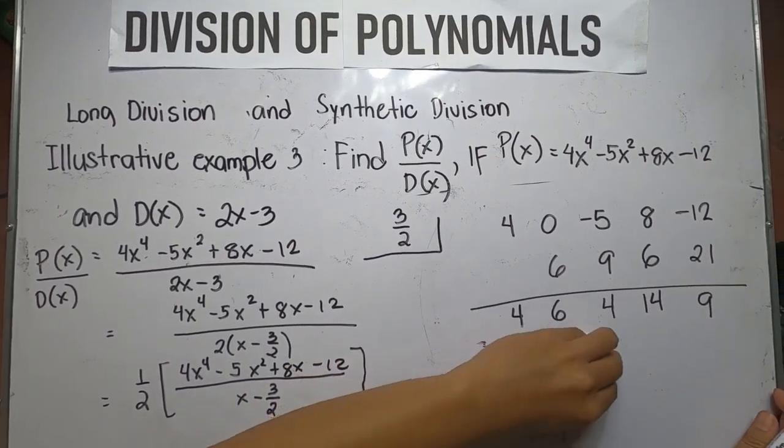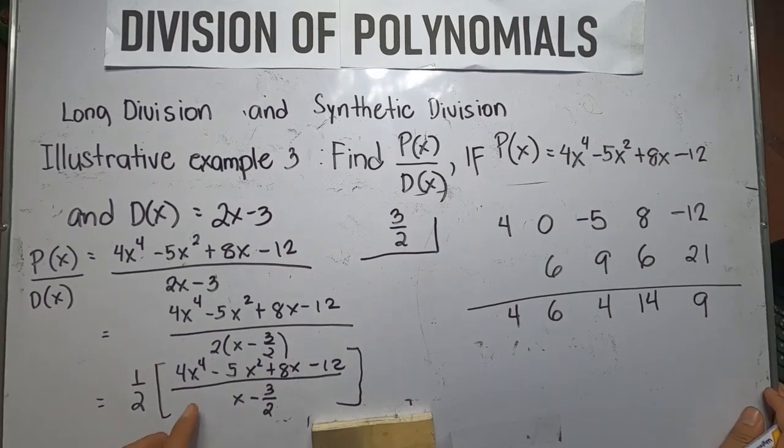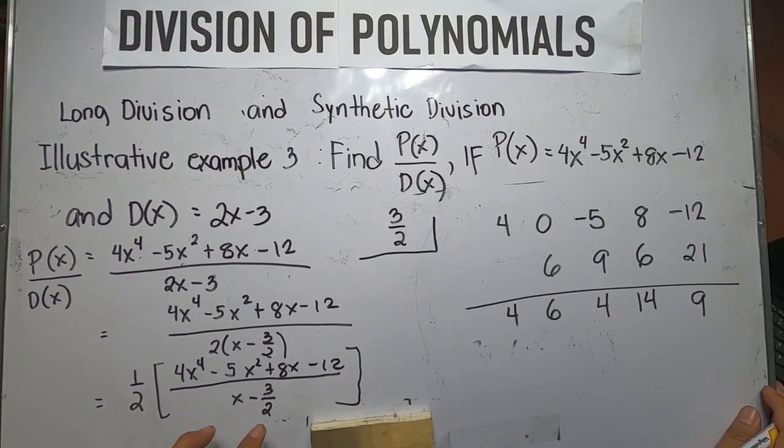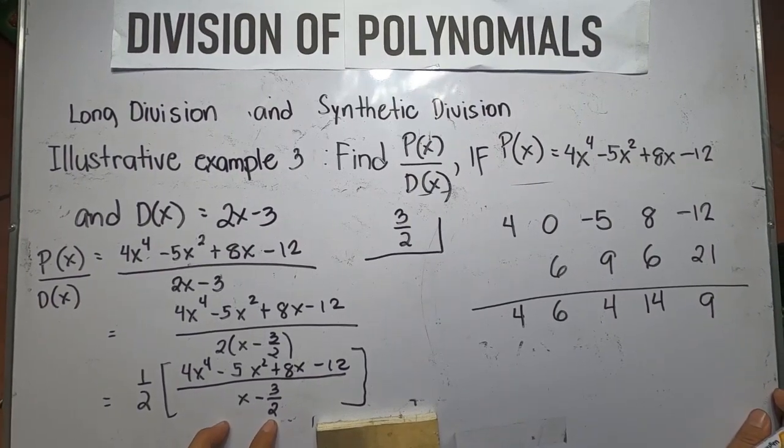So, we have now the quotient of 4x raised to 4 minus 5x squared plus 8x minus 12 divided by x minus 3 halves.